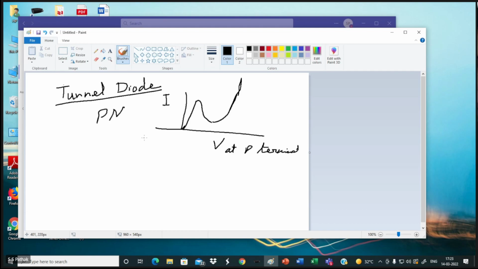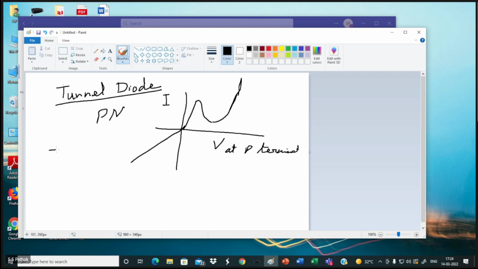When I go for the reverse bias case, it is a straight line. Just see, it is different from all other diodes. So why is this happening in a tunnel diode? Does anybody know the answer? I think your teacher must have taught you.